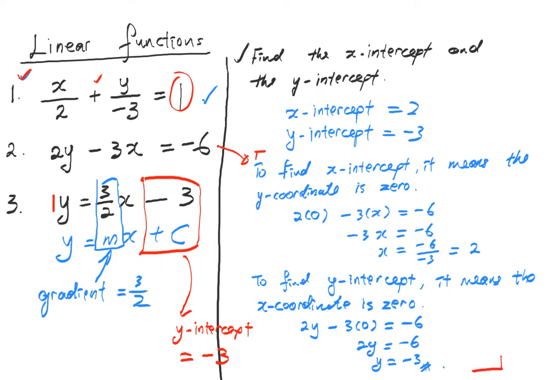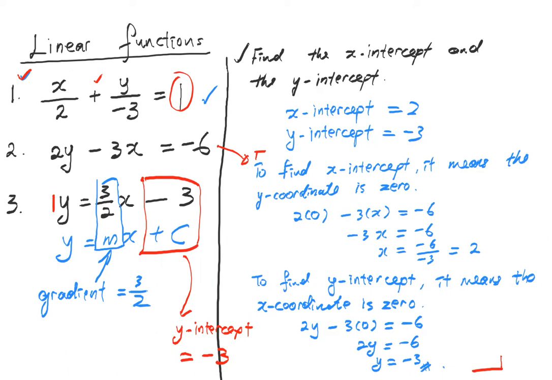Can anyone explain to me what is the meaning of gradient? It is the multiplier of a variable in the function. What do you mean by multiplier of the variable?